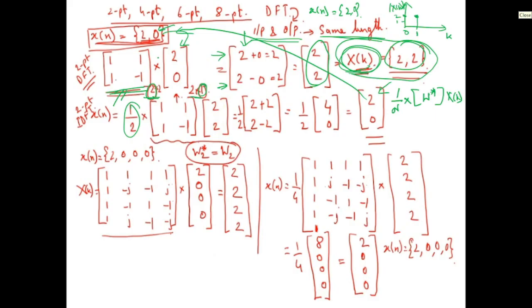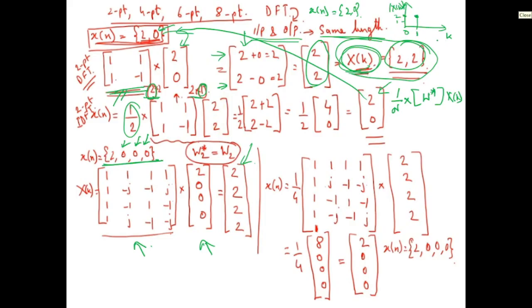Now if I ask you to perform 4-point DFT, I have to pad the signal with 3 zeros to make it compatible for 4-point DFT. Total factor matrix is given, 4-point we have already computed. So this is my signal, and if you see, I get this component. Okay, 2 2 2 2.